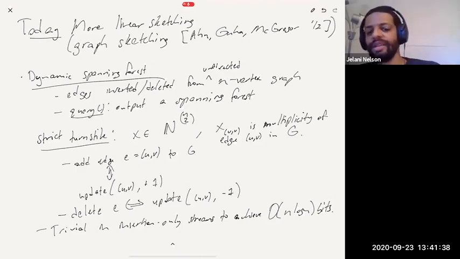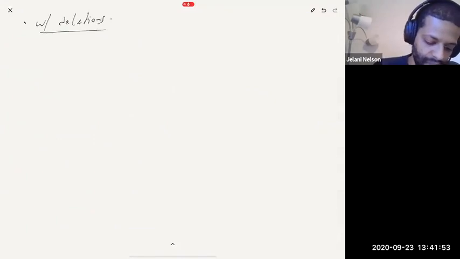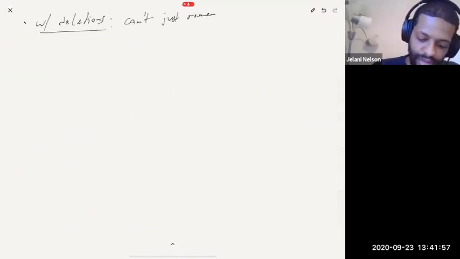Therefore, s has to be at least the logarithm of the number of trees on n vertices, and that already gives you an n log n lower bound. Okay, so this is the trivial algorithm, but in strict turnstile, you can't just remember the edges in a spanning tree, in the spanning forest.